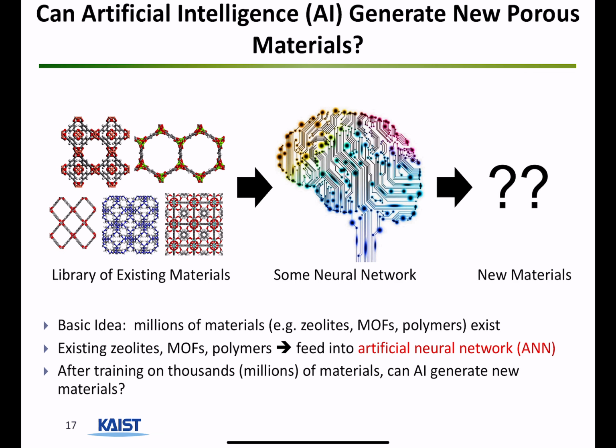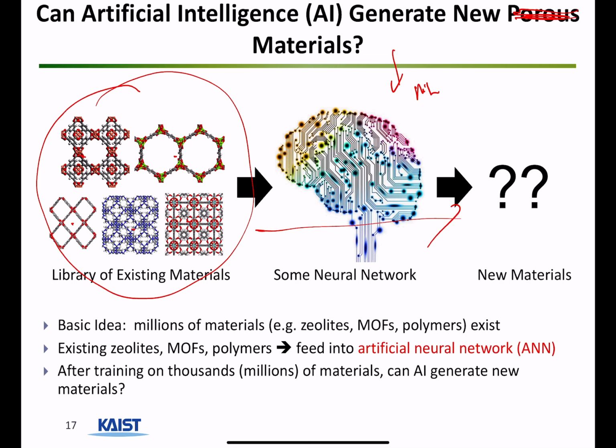So in terms of our research, the topic at hand is what can AI do to create new materials? I say porous, but it doesn't have to be porous, new materials, okay? These days, people use the machine learning approach in the sense that it provides a lot of big data of known materials. You have a big database of materials. You tell the AI, this is a material, this is a material, this is a material, and then you ask the AI to create a new material.